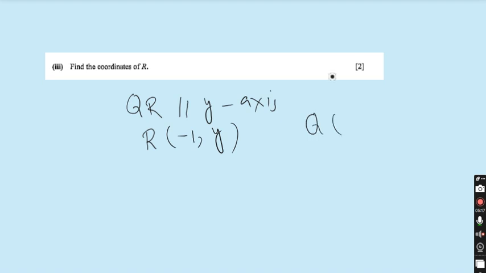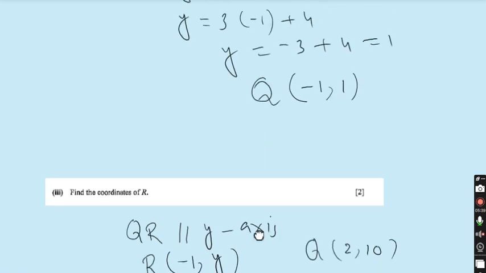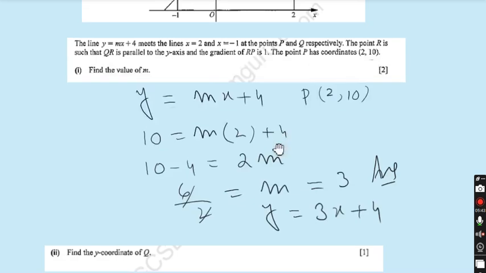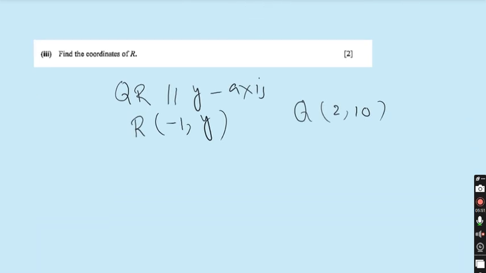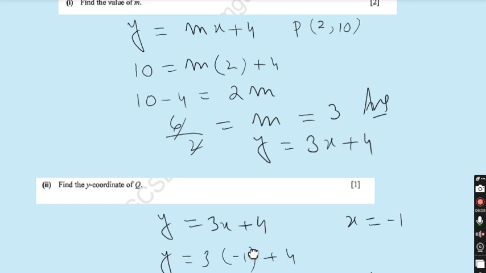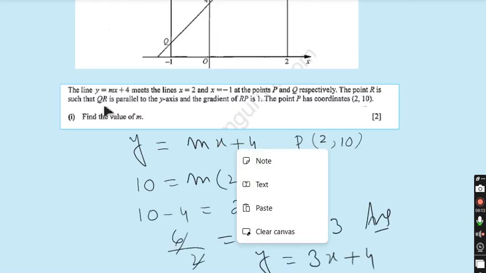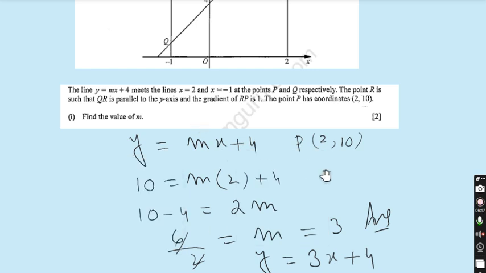P is (2, 10) and R is (-1, y). According to the question, you can see again, QR is parallel to the y-axis and the gradient of RP is 1.